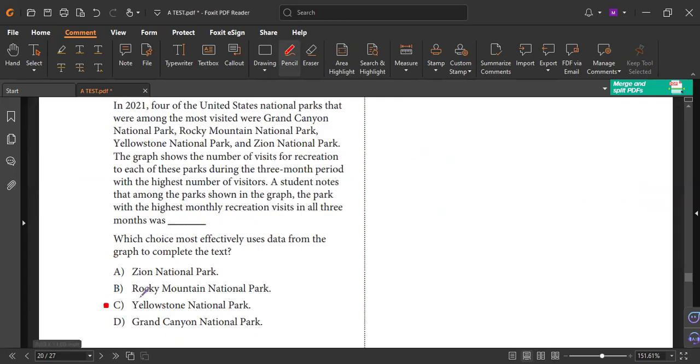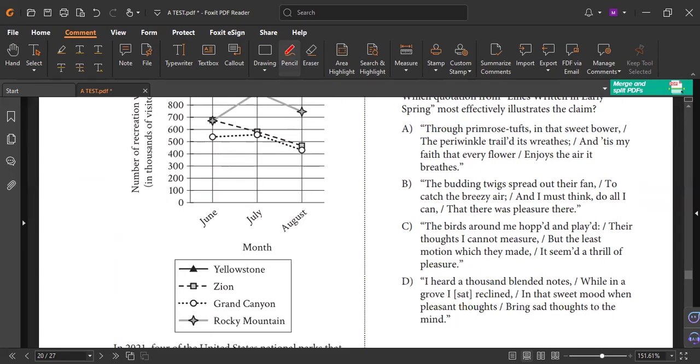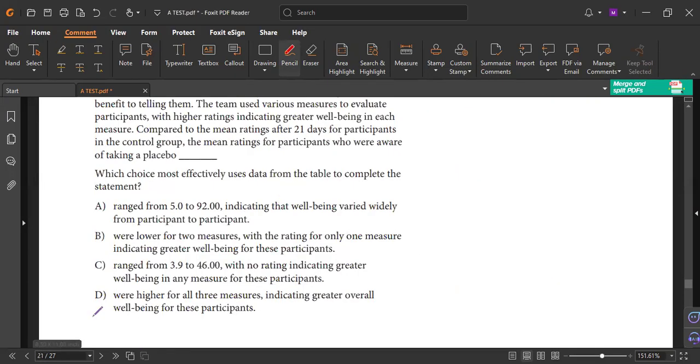Number 14, it's D. 14, we did it D. Okay. 15 is D. 15, we did it D, okay.